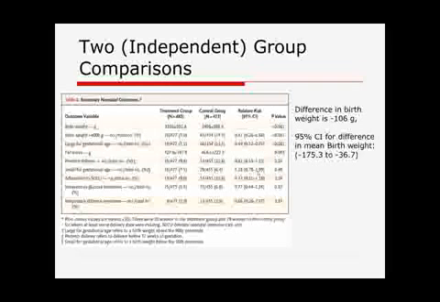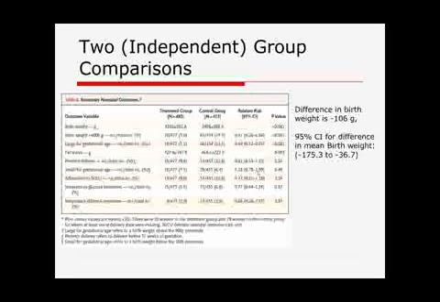So this confidence interval says, I'm 95% sure that the difference in mean birth weights in women who receive the treatment or the control are anywhere from, let's say, 37 to 175 grams lower in the treatment group as compared to the control group. Just looking at that confidence interval, you can make a judgment about whether there's statistical evidence of a difference.